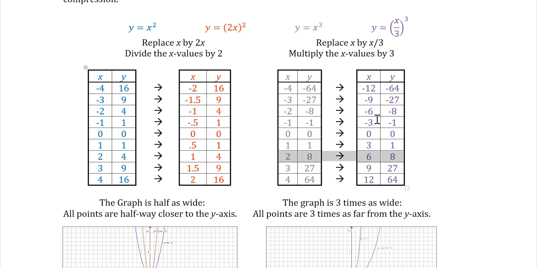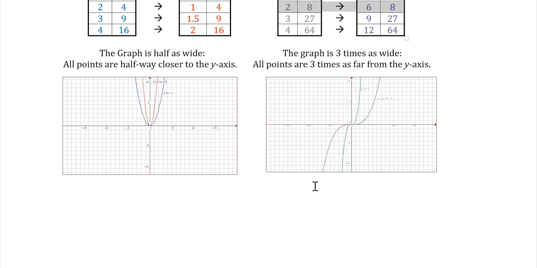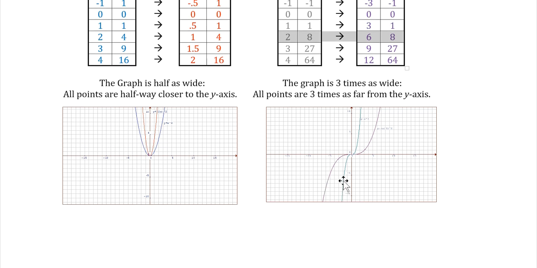This is going to make it 3 times as wide. Now, if you're going to multiply the x values by 3, what you do in the formula is divide the x by 3. In other words, replace x by x divided by 3. Remember, the formula is backwards in these transformations. And what do we see here? The original graph is this one right here, this basic cubic power function.